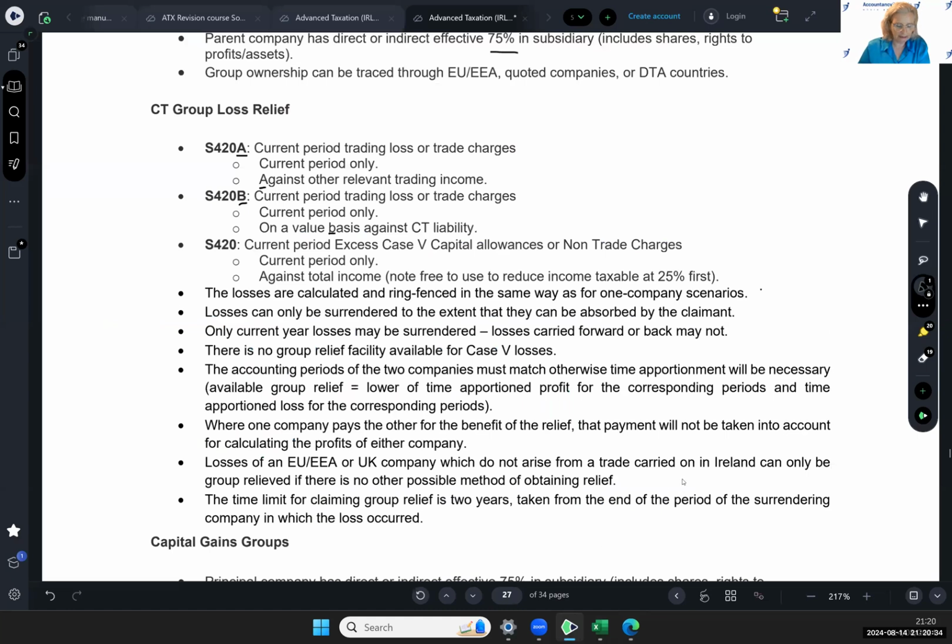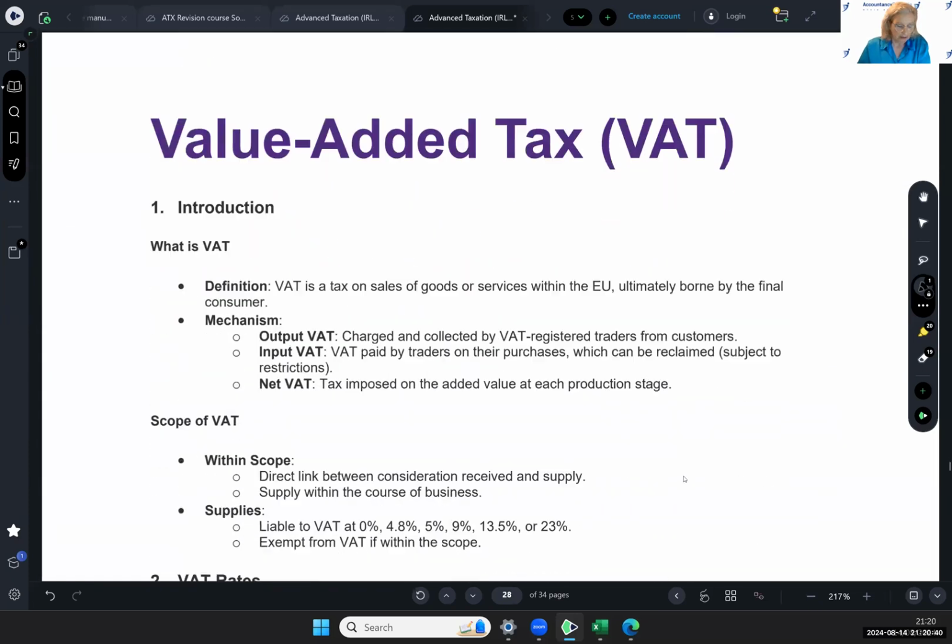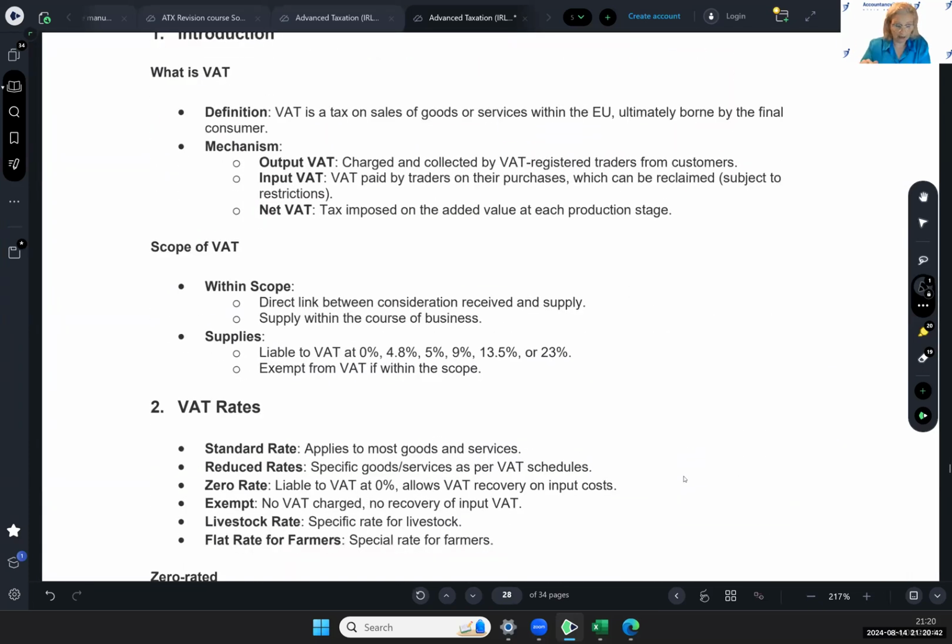I need to pick up a little bit of VAT. Now, I don't need to do as much of the VAT stuff brought forward to build on, but there's some basic stuff that comes up in VAT for really easy marks that we're not even going to look at in the advanced tax course.